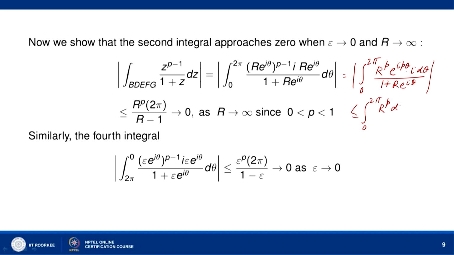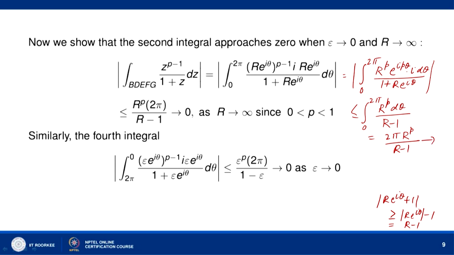So, we get R to the power p dθ, and the modulus of R e^(iθ) plus 1 is greater than or equal to modulus of R e^(iθ) minus 1. Okay. This is R minus 1. So, this is equal to 2 pi R to the power p divided by R minus 1.